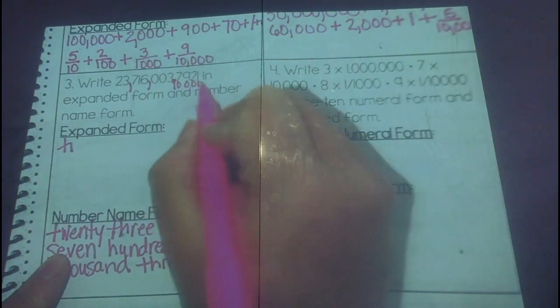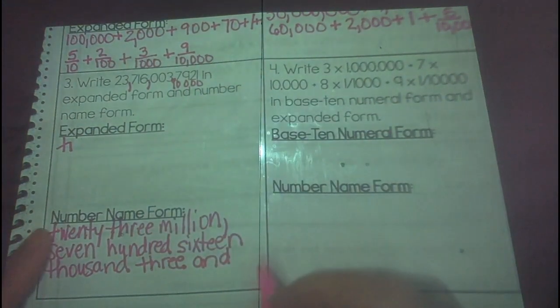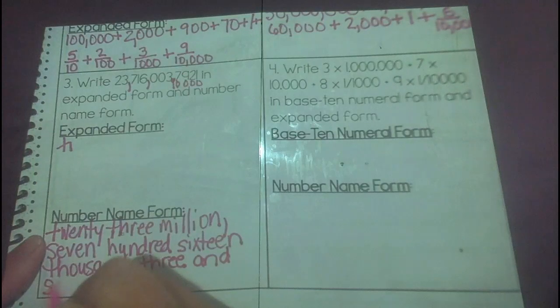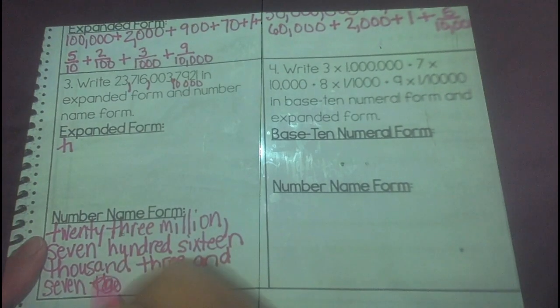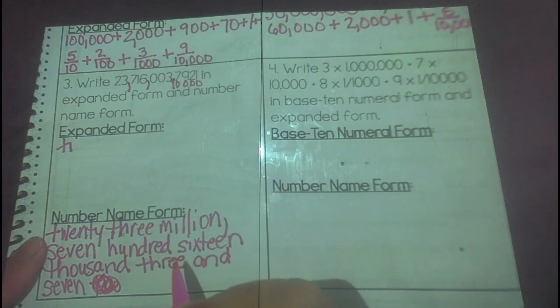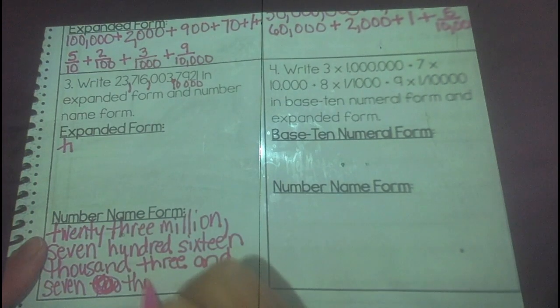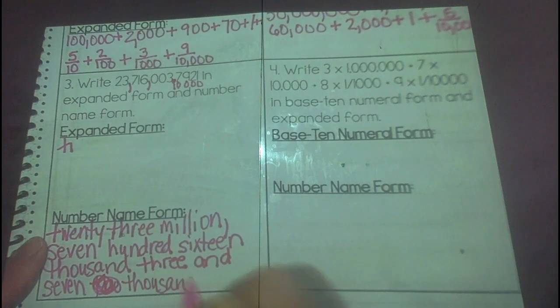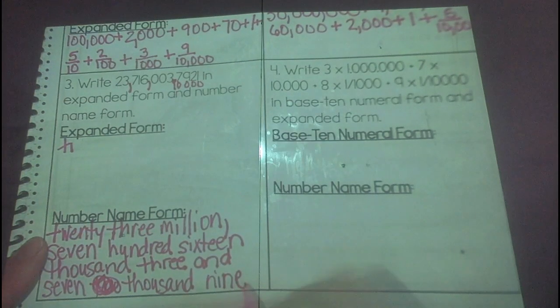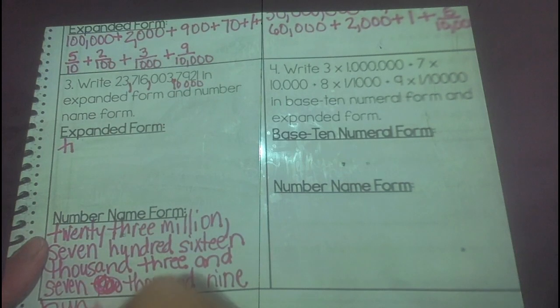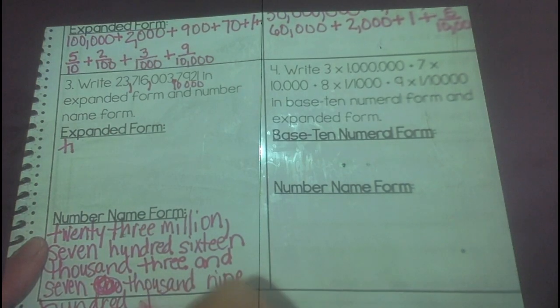We got 10,000ths again, so we have 7,000, or I'm sorry, 7,000 921,000.